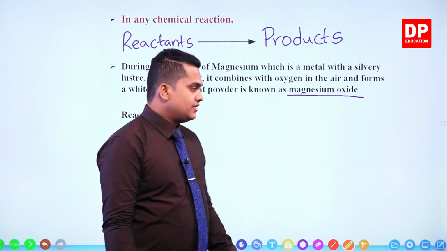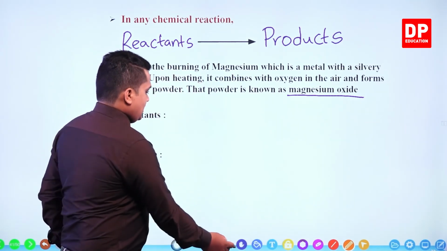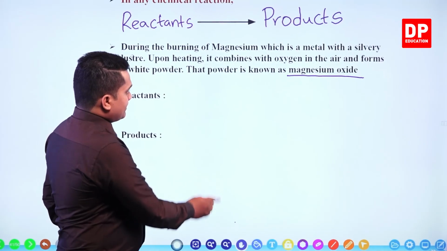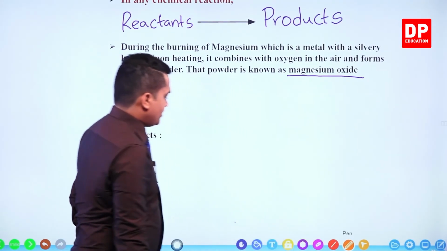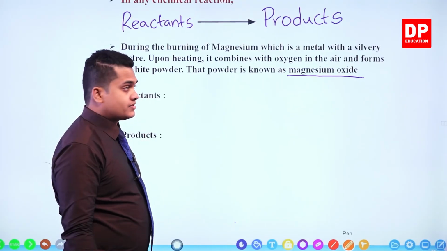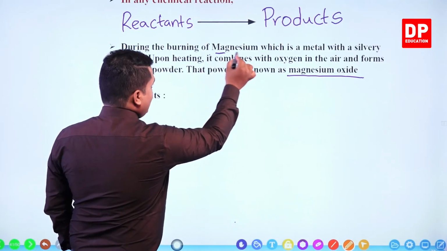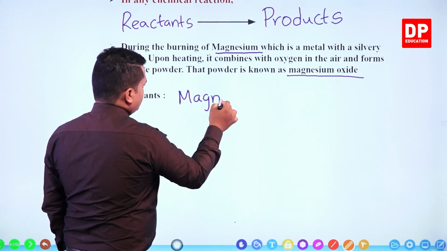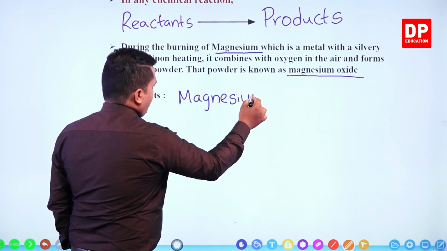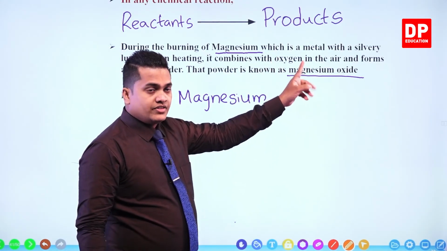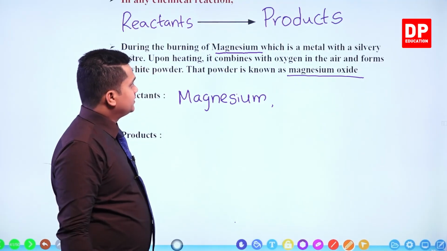So here, you can write the reactants of this reaction are the initial substances: magnesium, that is a metal that has a silvery luster.